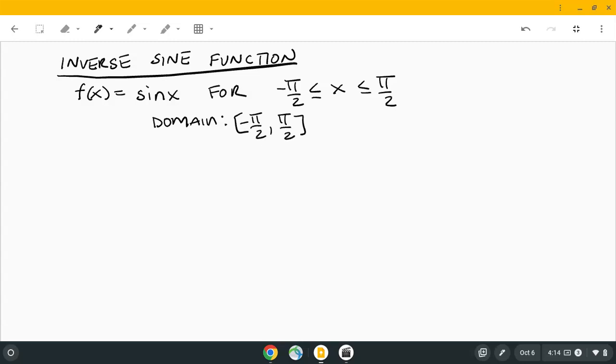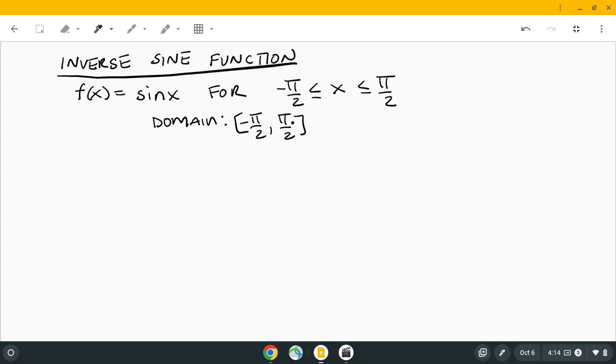That means if I ever plug in any angles, I can only pick angles between negative pi over 2 and pi over 2. So like from negative 90 to positive 90 degrees, right? Which means I can't use 135 degrees because that's outside of our domain. I can't even use 180 degrees.